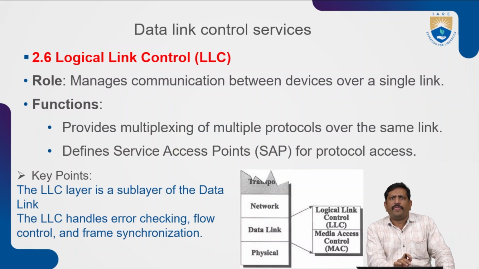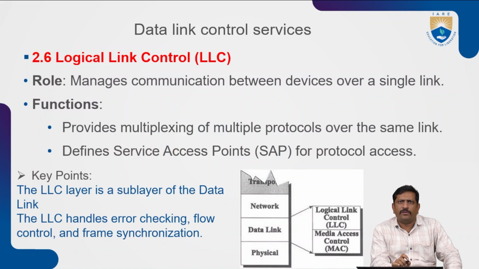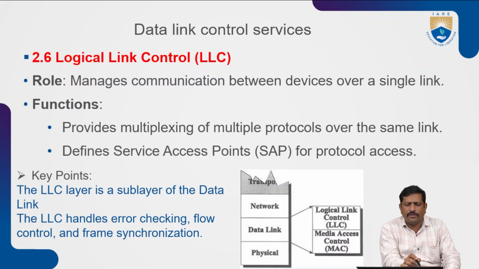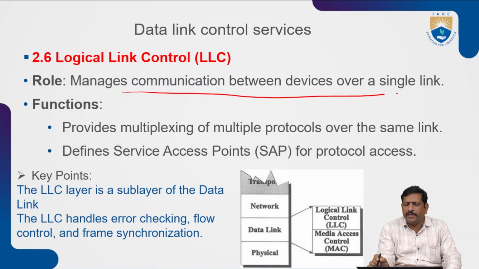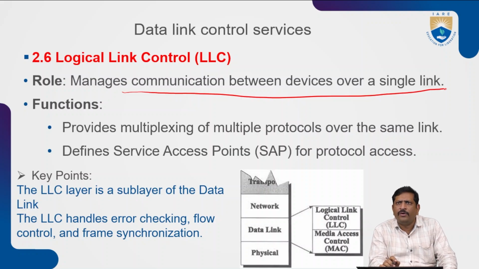Now the logical link control. What is the role of the logical link control? It manages the communication between two devices over a single link. With the help of this single link, it manages the communication between the two devices.